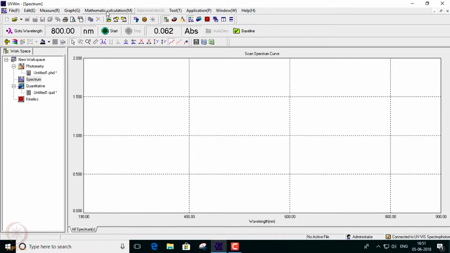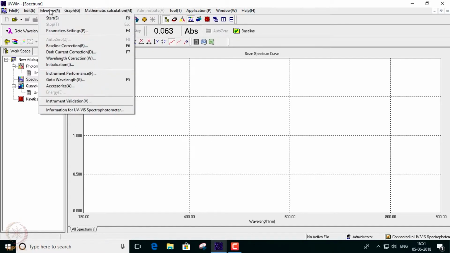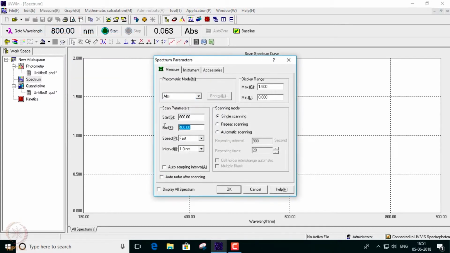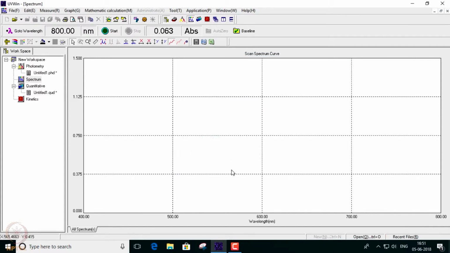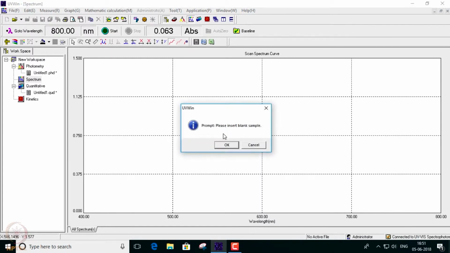So we will be setting the parameters first, which can be set from here, measure and parameter settings. Now that the parameters are set, we will be doing a baseline correction, and we have already inserted the blank sample.